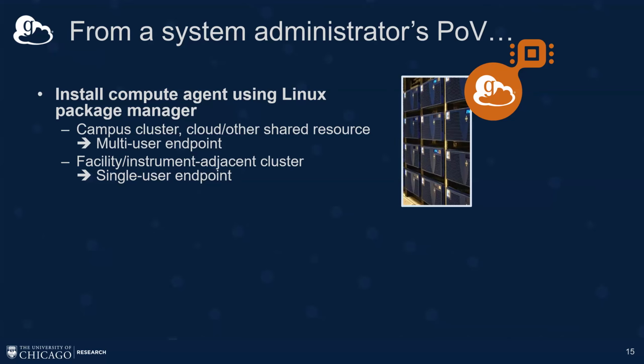But you choose. For example, on a campus cluster or shared resource, you probably want a multi-user endpoint, just because of multiple users. If it's a single instrument in a facility or adjacent, like a nearline machine, it might be a single-user endpoint for more limited processing.